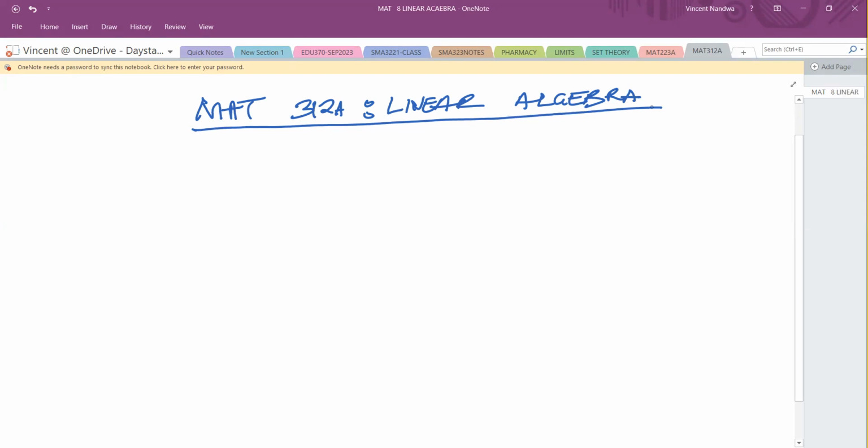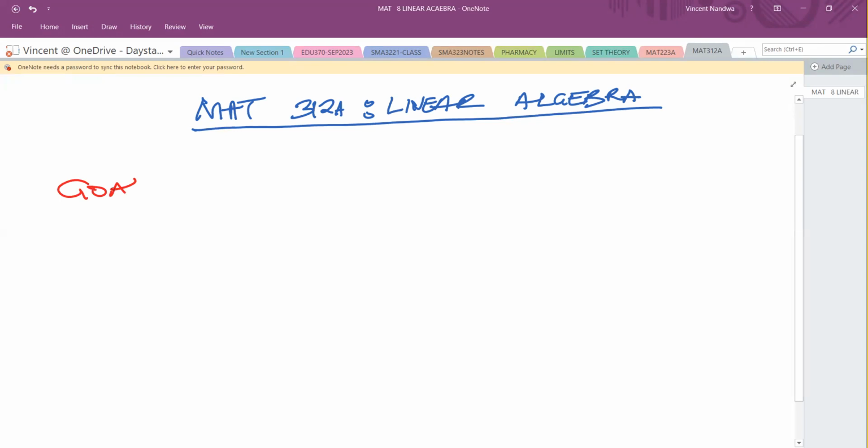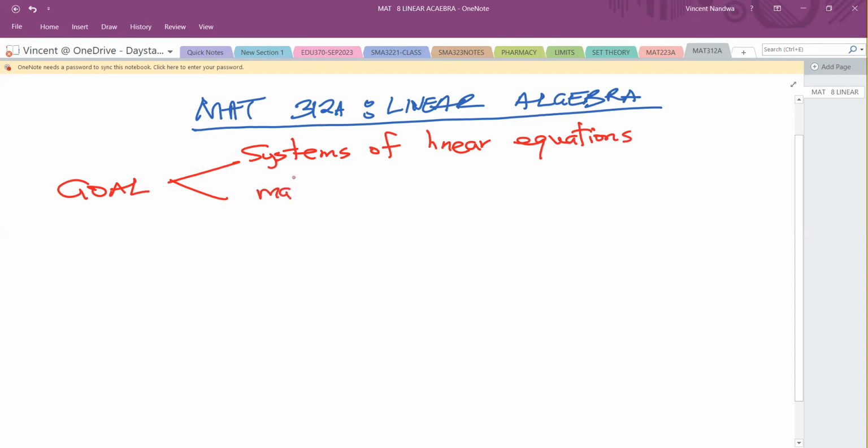So, majorly, this course entails the study of solving systems of linear equations and matrices. So the main goal is systems of linear equations and then matrices.